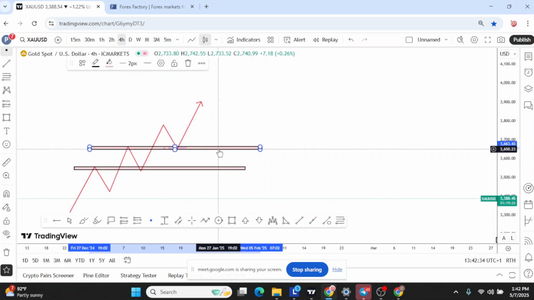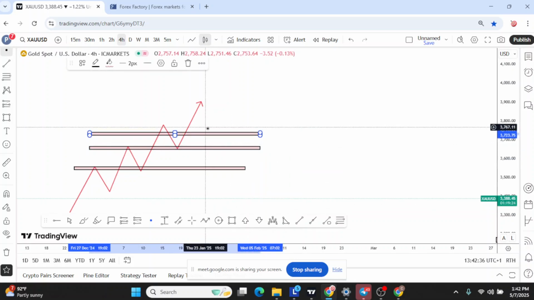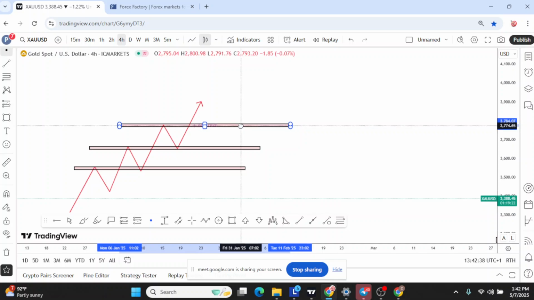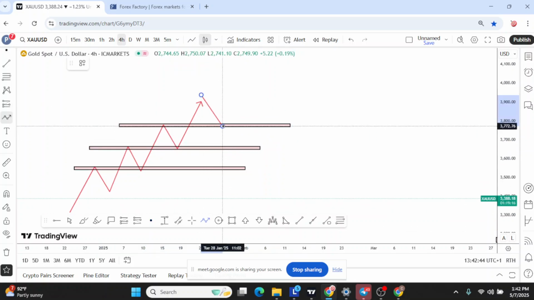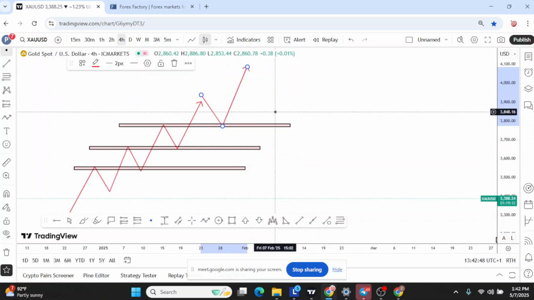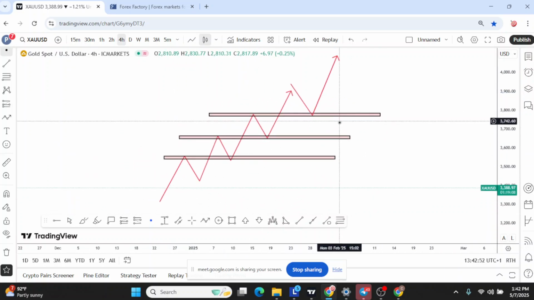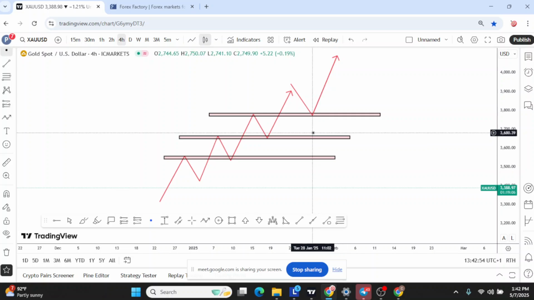If price still continues to move in that direction, what you just want to be doing is to mark your previous high, then wait for price to retrace back into it, and then you are going to trade in that upward direction. So this is what we've explained so far.